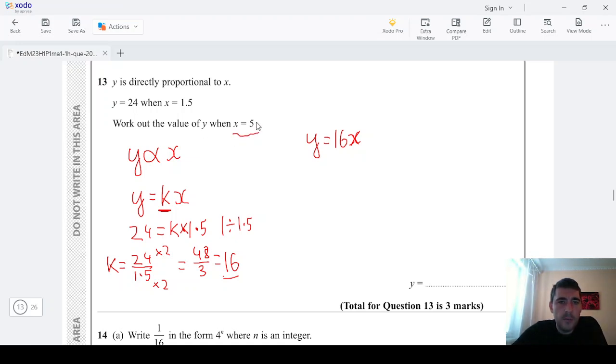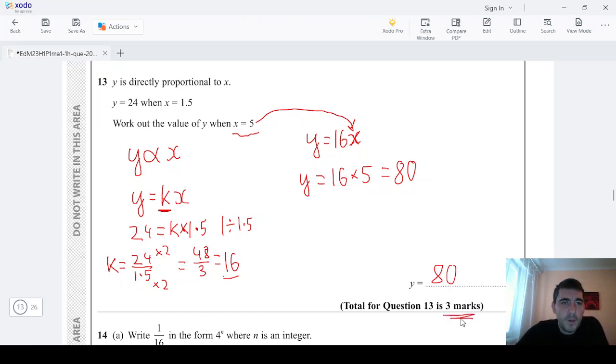So just plug that 5 into our proportion and we'll get that y is 16 multiplied by 5, which is equal to 80. And that's an easy 3 marks.